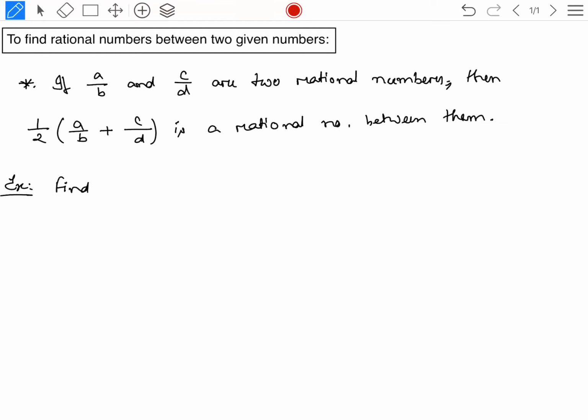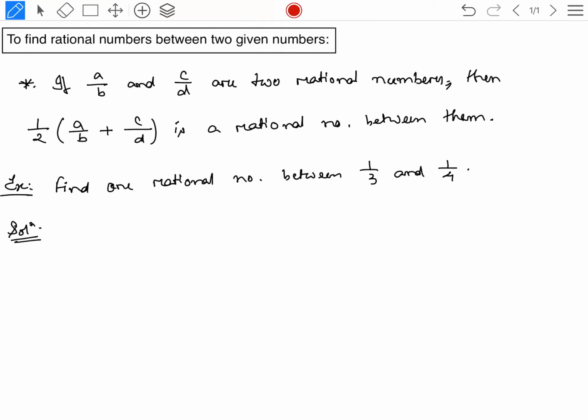Look at one example. Write the question: find one rational number between 1 by 3 and 1 by 4. Suppose we need to find one rational number between 1 by 3 and 1 by 4. How will you solve this one?